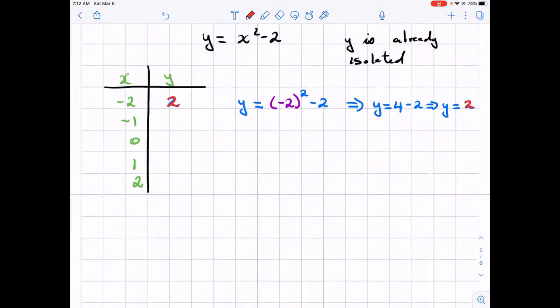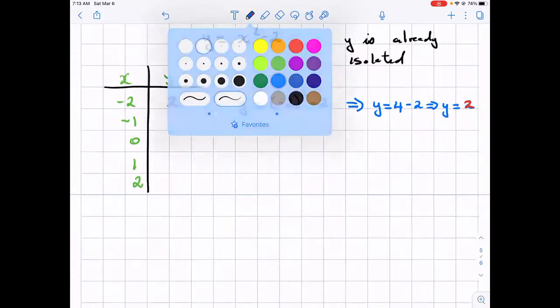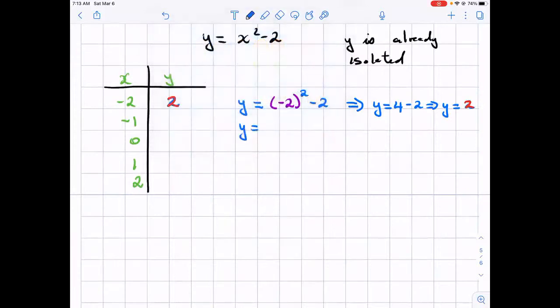We can do the same thing. So y is equal to now minus 1 squared, and then we subtract 2 from that. So this becomes y is equal to 1 minus 2, and that becomes y is equal to minus 1.